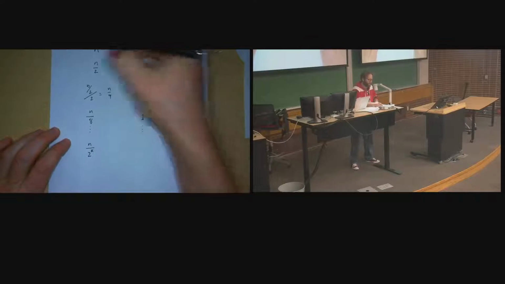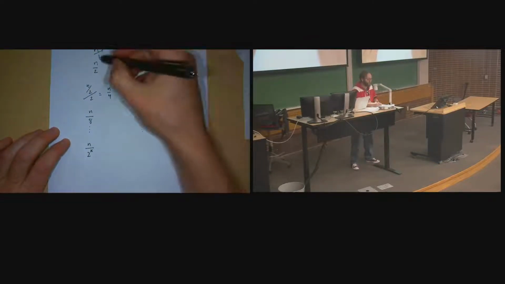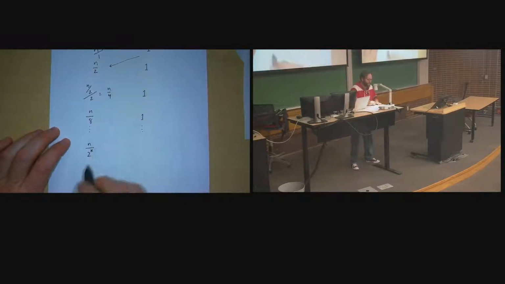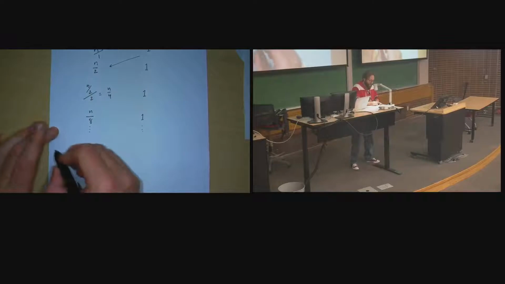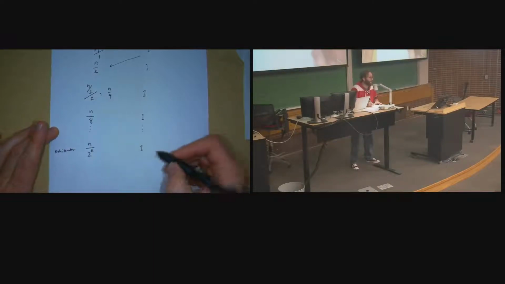Because these are, and I didn't write it, but there's a power of 2. It's just 2 to the 0, 2 to the 1, 2 squared, 2 to the third, dot, dot, dot. At the kth iteration, you have an array of size n divided by 2 to the k, and you make another comparison, dot, dot, dot.